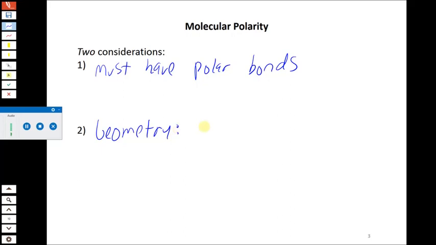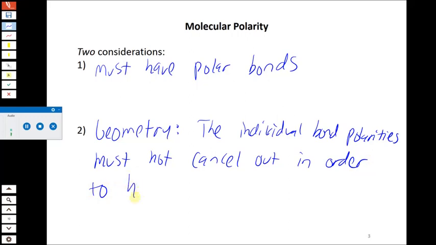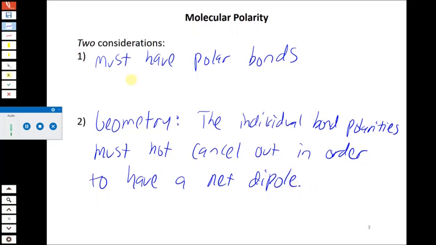All right, so the individual bond polarities must not cancel out in order to have a net dipole.